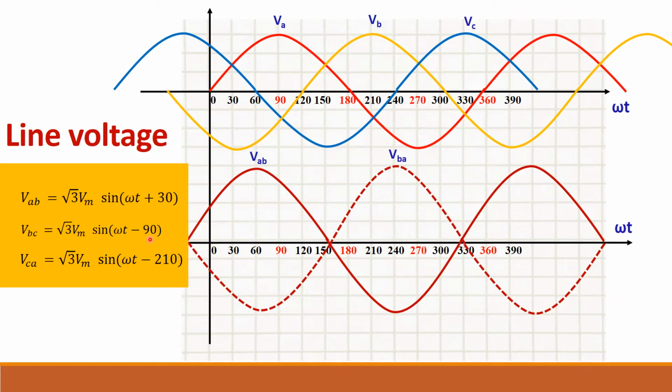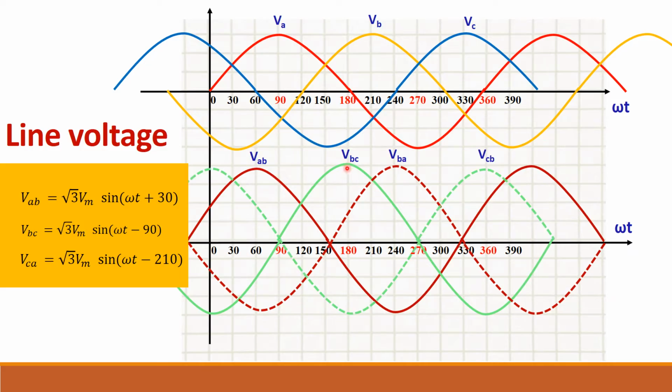Here you have minus 90, so it is lagging by 90 degree. So you start your VBC waveform from here. It is in green color. So this is the VBC waveform. Now this will be the VCB waveform, just the inversion of VBC.